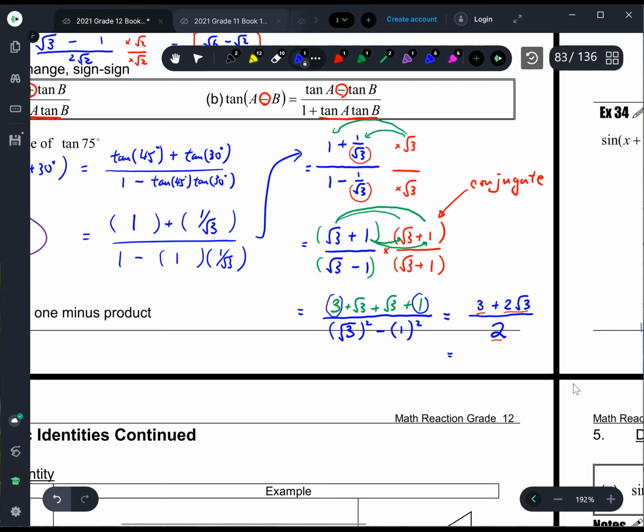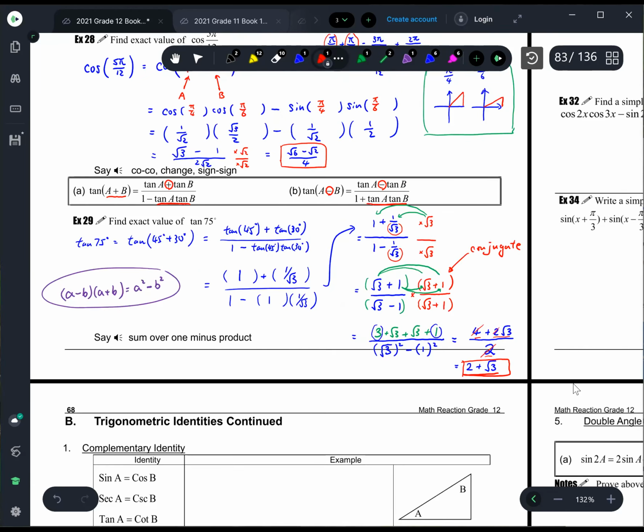You can only do the reducing if every single one is possible. So all these three numbers are divided by 2. So the top will be 2 plus 1 root 3 over 1. Over 1, you don't need to show it. So your final answer should be this.